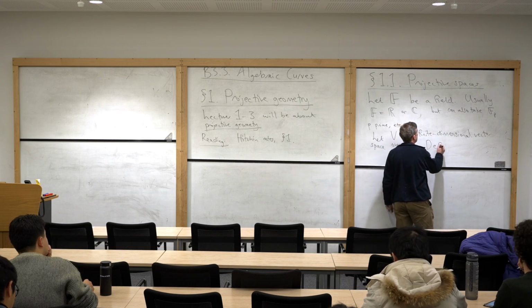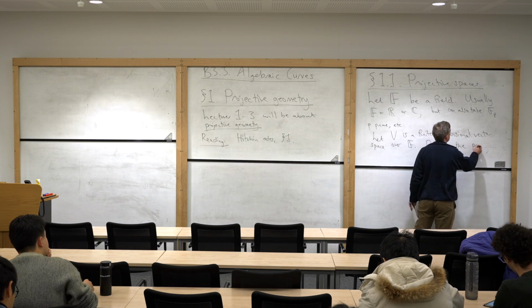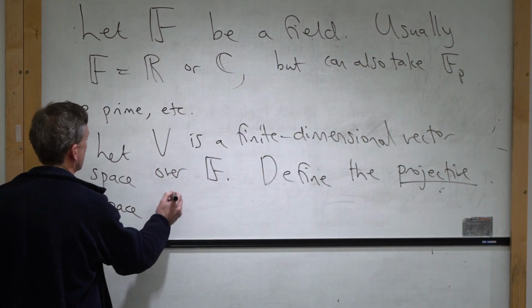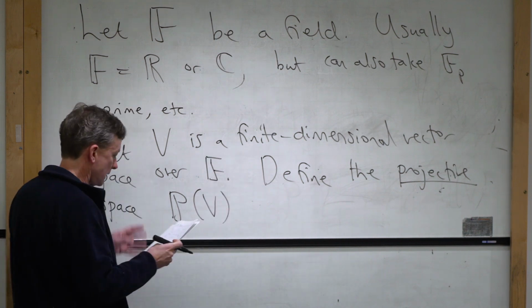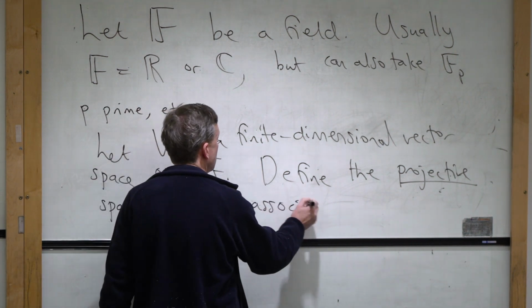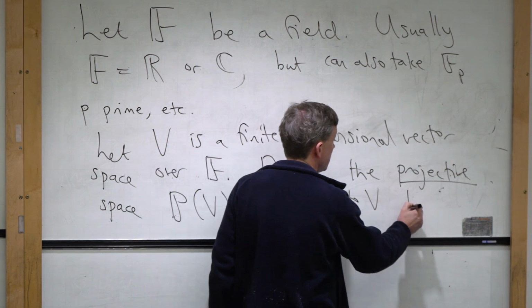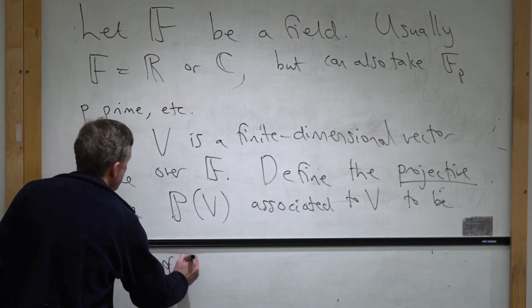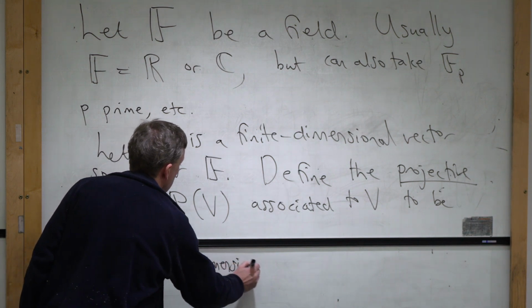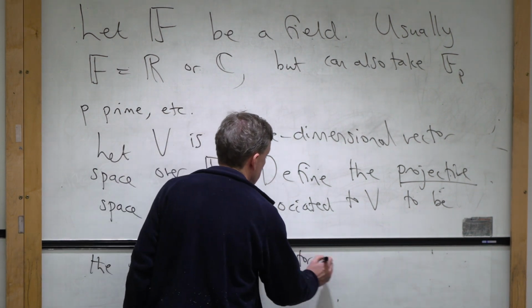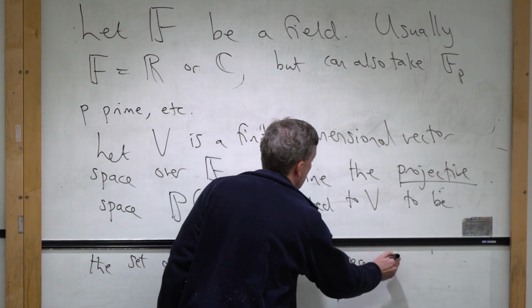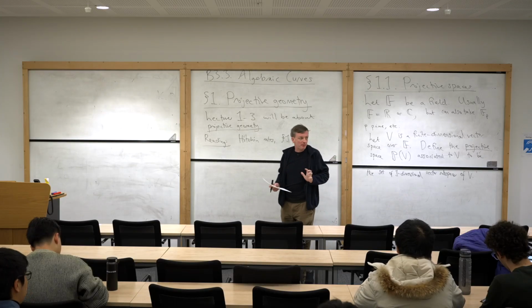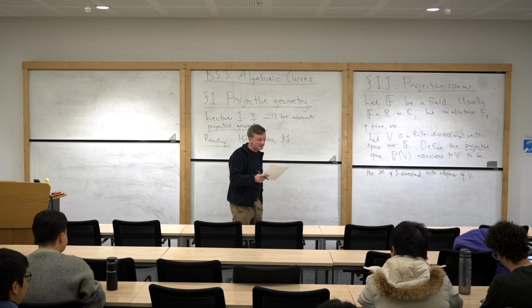And we define the projective space P of V associated to V to be the set of one-dimensional vector subspaces of big V. So this is a place where our geometry is going to happen, and I hope that by the end of the lecture you'll have some idea of why this is a sensible idea.